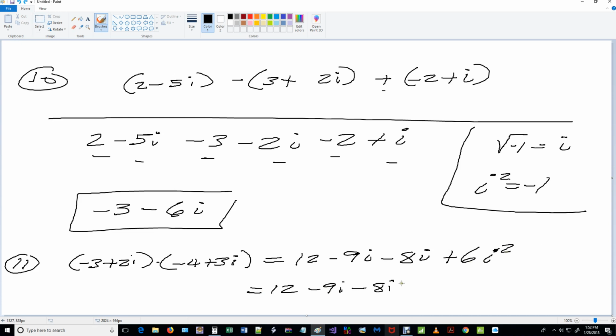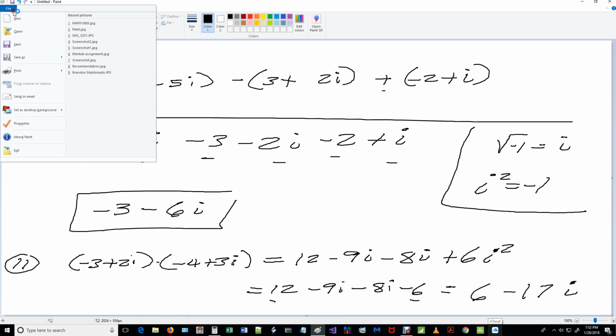Now 6 times minus 1 is minus 6, and we do that because i squared is minus 1. Now you can simplify. You combine the 12 and the minus 6, that's 6. You combine the minus 9 minus 8, so it means minus 17i. Alright, so that's number 11.